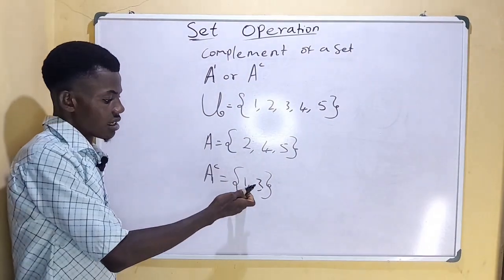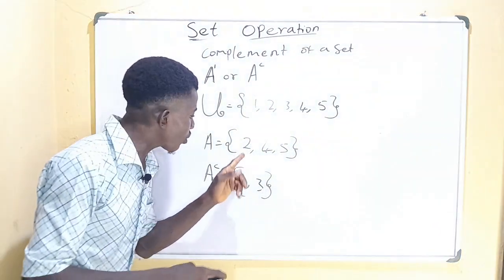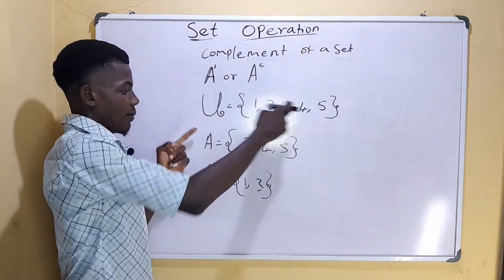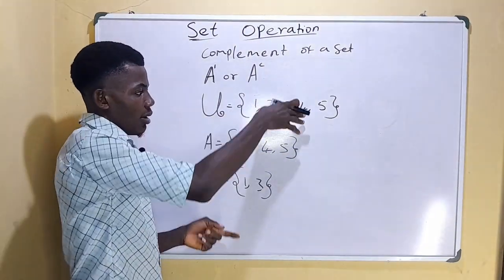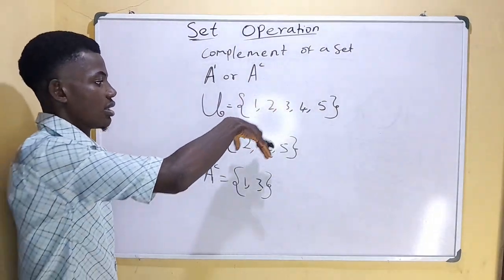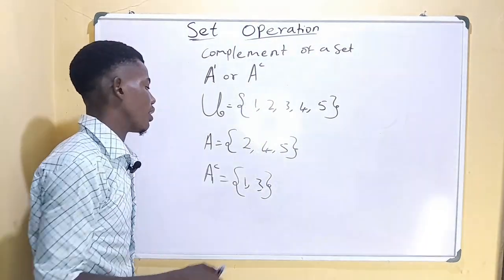Now you can see that this is the universal set given. This is set A. The complement of A are those elements inside the universal set that are not inside set A.